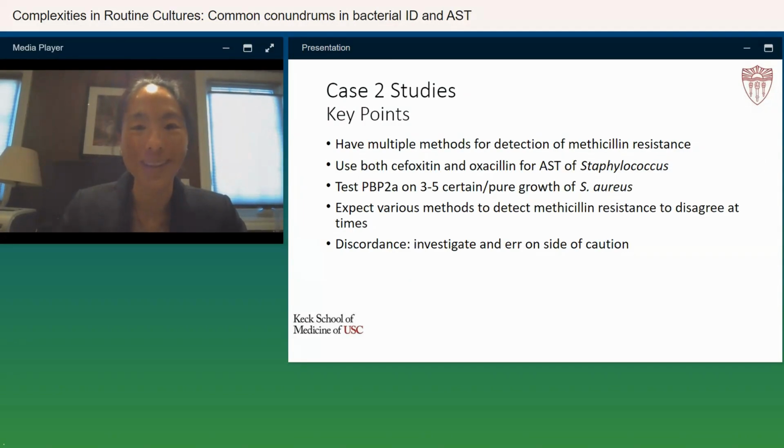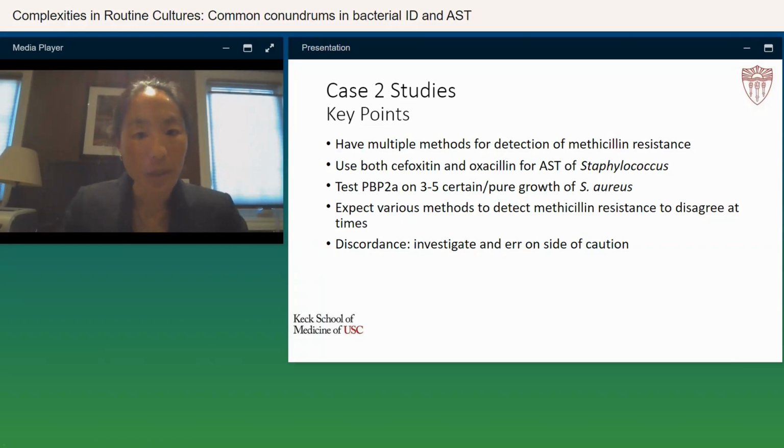Okay, so in the end, I think the key points are that we should have multiple methods for detection of methicillin resistance for staph in a clinical laboratory. I think more information gives us a better picture. Otherwise, we might be missing expression of resistance in Staph aureus.